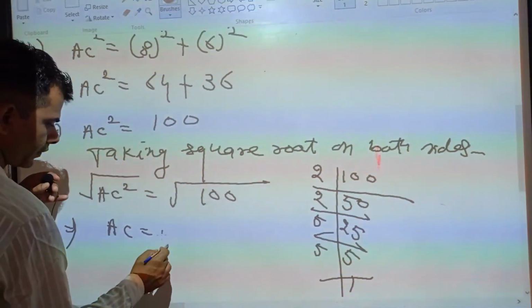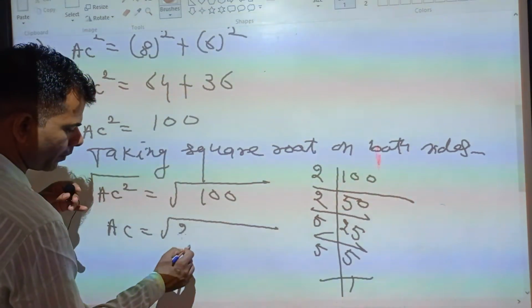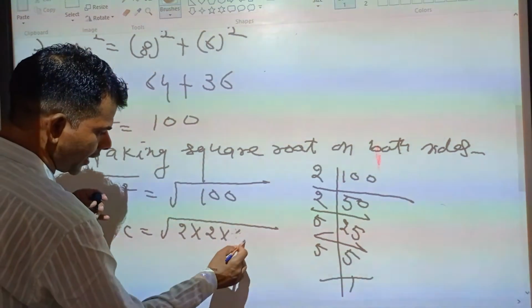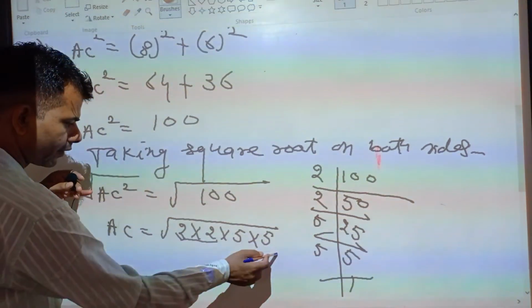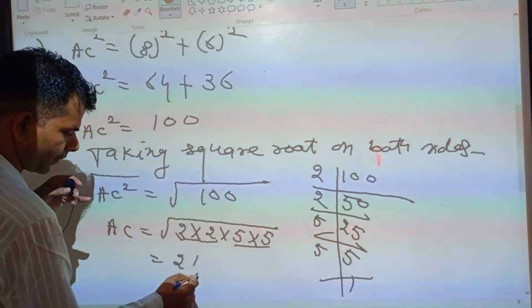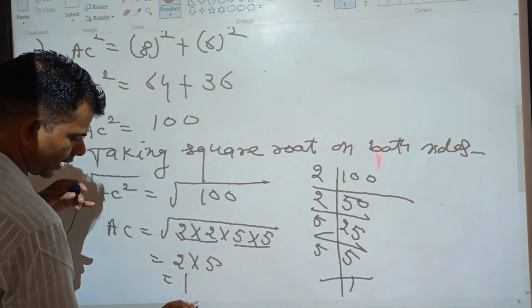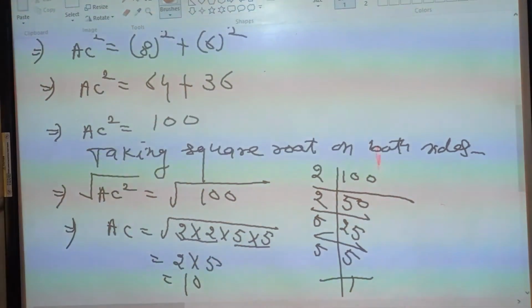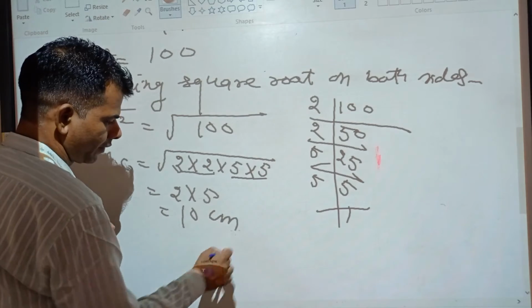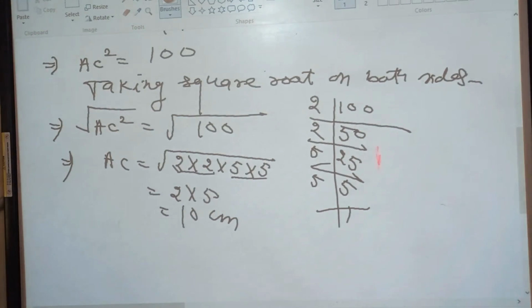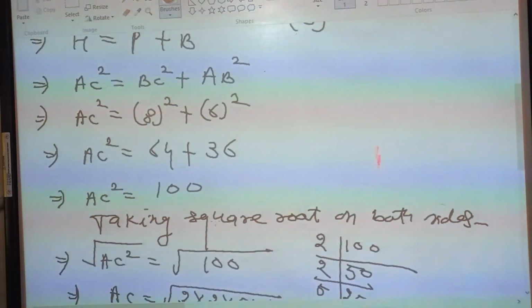Pairing of like factors, 2 into 5. AC is equal to 10 centimeter. 2 5s are 10 centimeter. 10 centimeter is your AC. Any doubt, any problems?